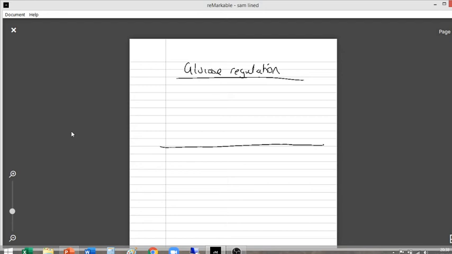Too much glucose in the blood means you've now got a lower water concentration in the blood, which may mean some water from your cells actually leaves those cells by osmosis to go into the blood, which may mean those cells get dehydrated. It may mean something we call crenation.